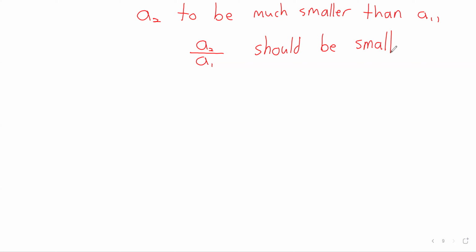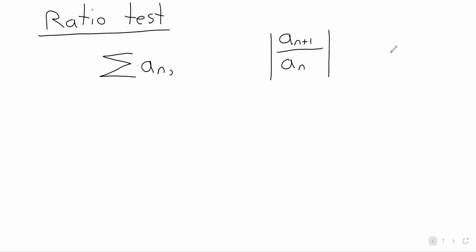So the screen just froze up on me. There we go. The ratio test is based on the idea that for convergence to happen, this fraction ought to be relatively small. And just like the limit comparison test, you can't really just look at this fraction because n is going to infinity.